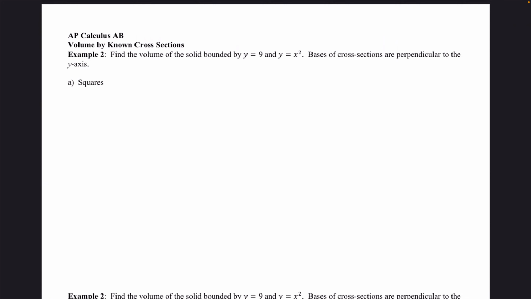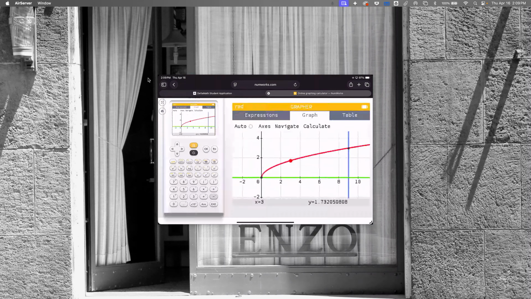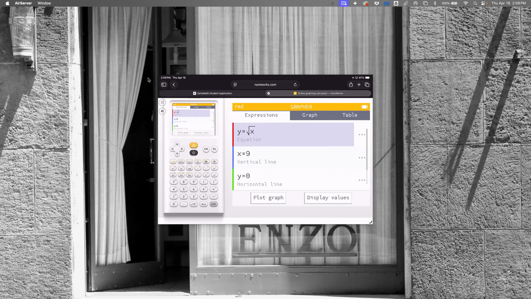Okay, so now example 2, they change what the graph's going to look like. So this picture is going to look a little different. So draw that picture. And we're going back to squares. X squared. Y equals 9. And that's it.